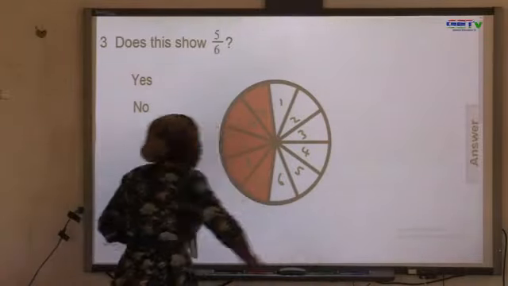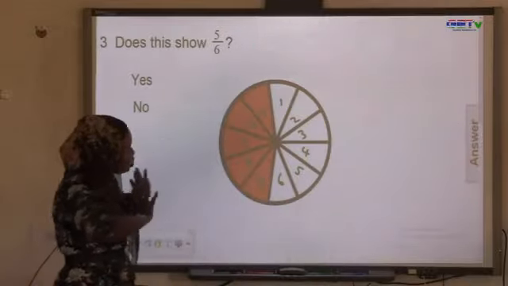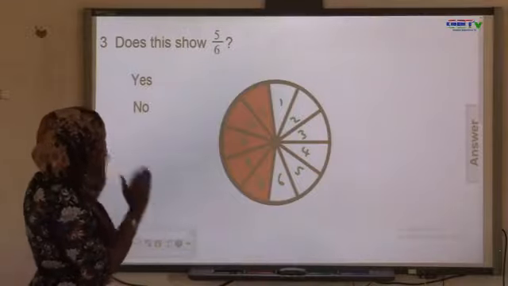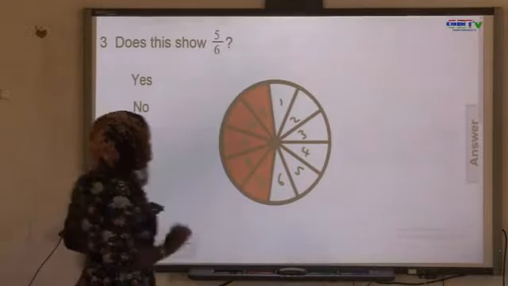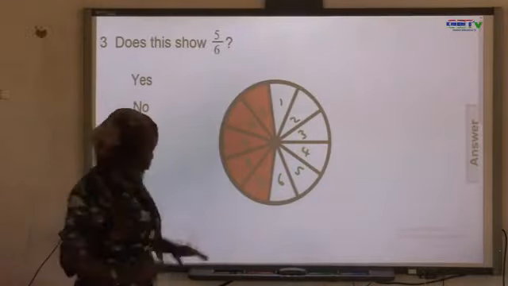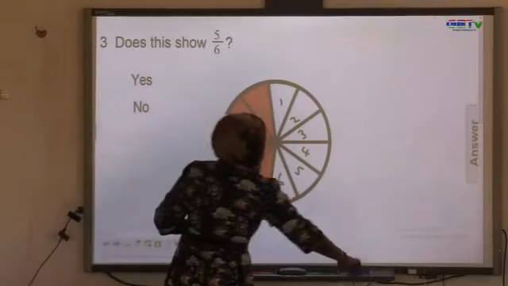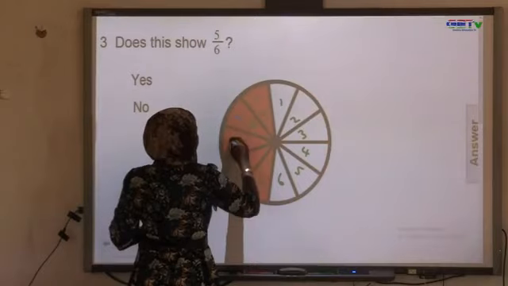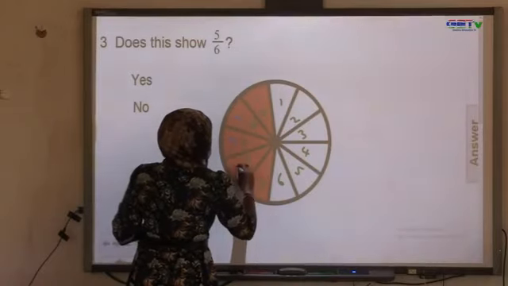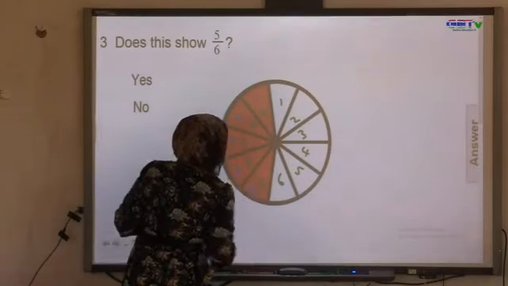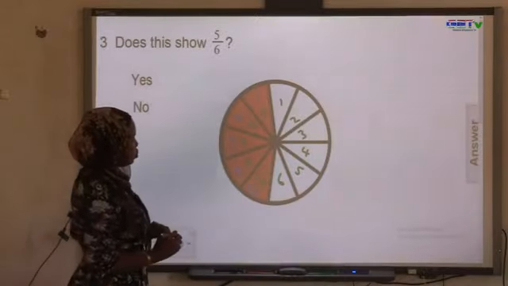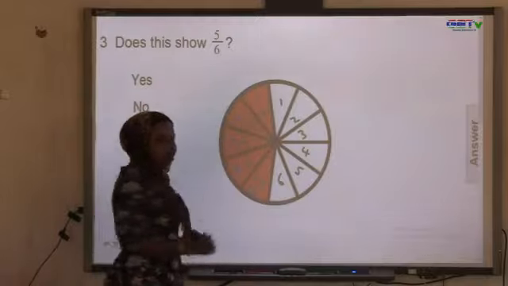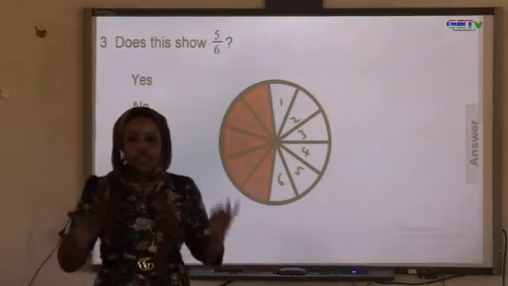We want to know how many parts are colored in red. Can we count together? 1, 2, 3, 4, 5. 5 parts of the chart are colored in red.